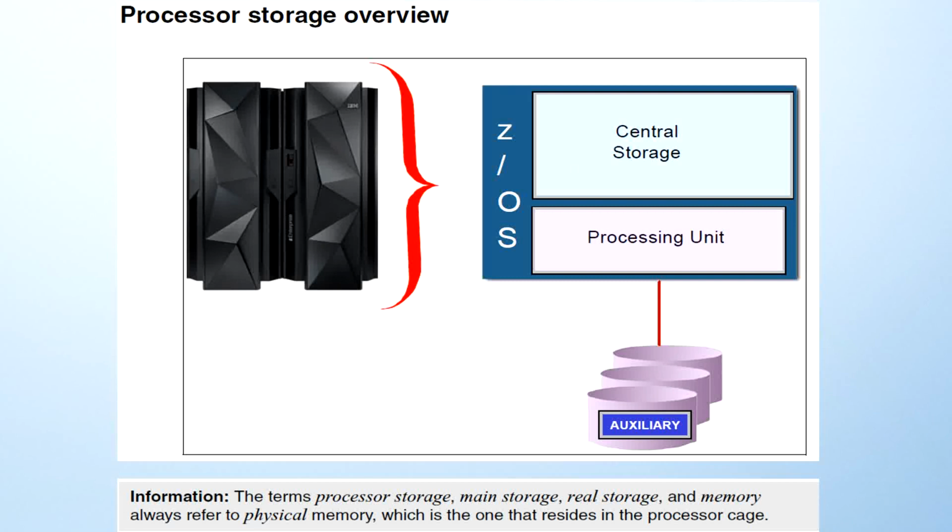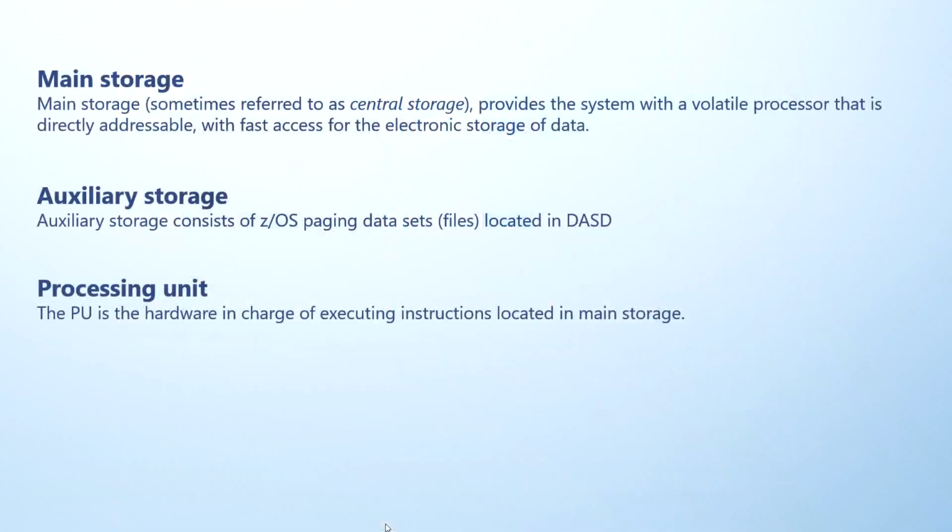Here the terms processor storage, main storage, real storage, and memory are used synonymously, and they are all present in the processor cache. These are the definitions of what main storage means: as we discussed, fast access to the electronic storage or data present on the central storage.